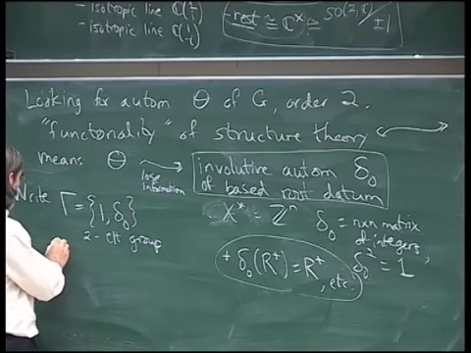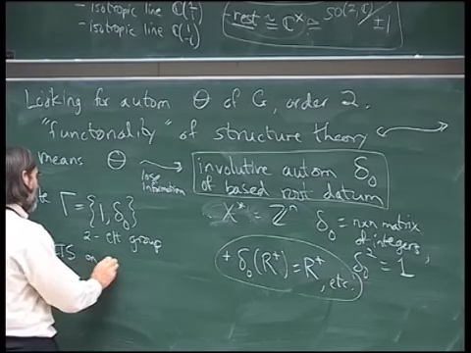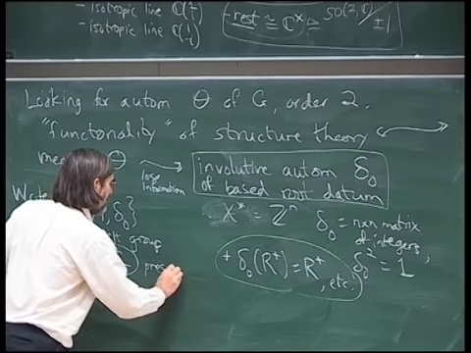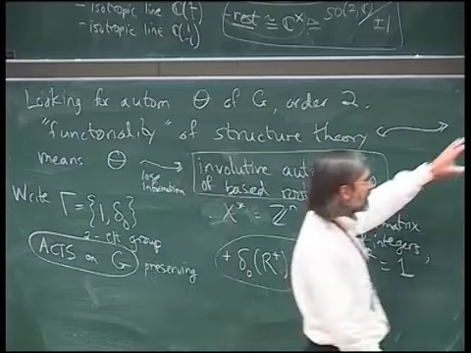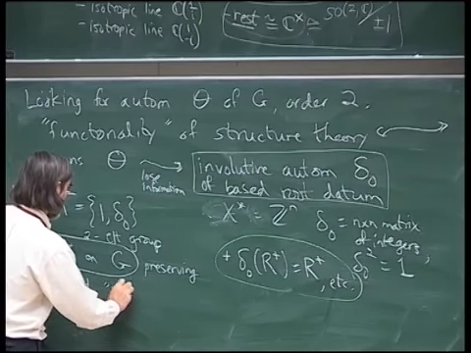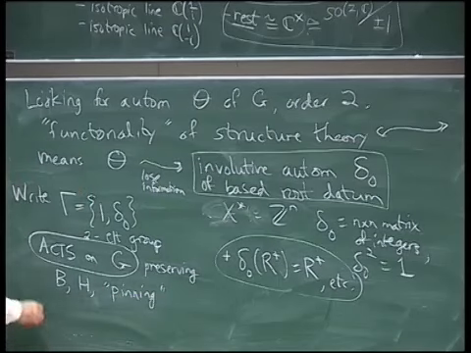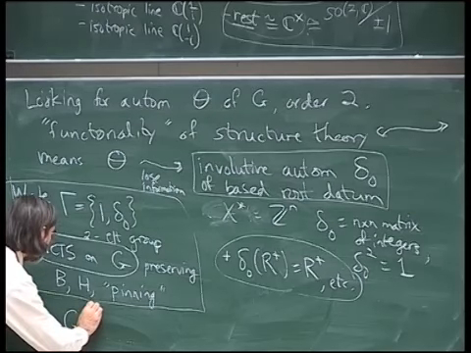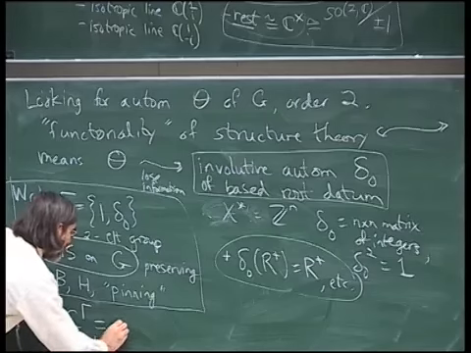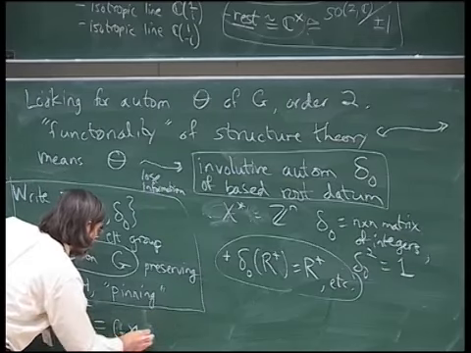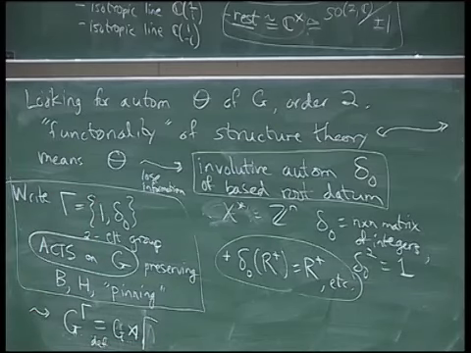This acts on G while preserving all the things that I used to make B and H, and the thing that I haven't said is a pinning, and so I get what I'll call G gamma, just the semi-direct product of G and gamma. That makes good sense.